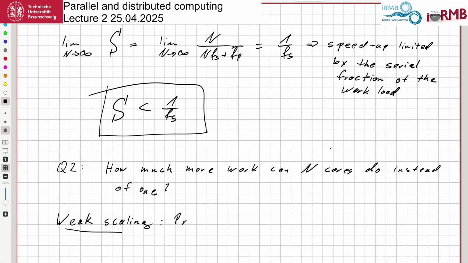And this is when the problem size grows proportional to the number of workers.